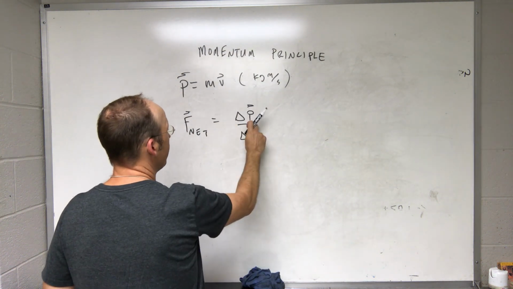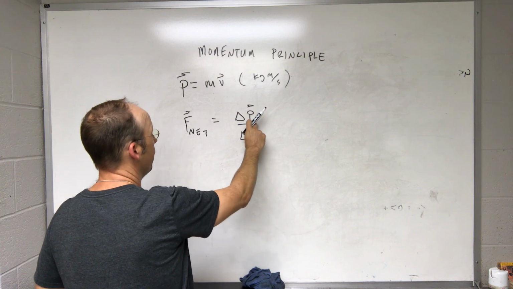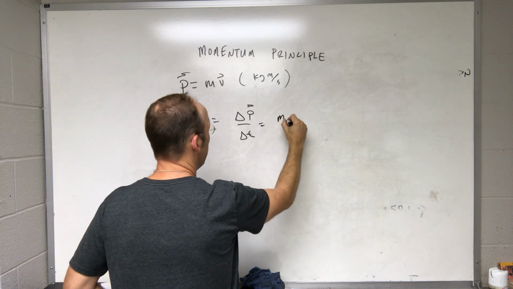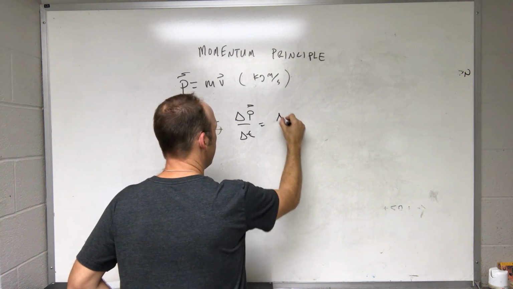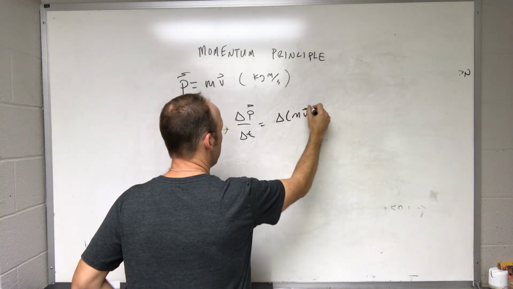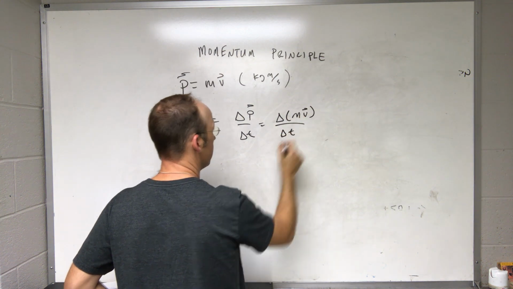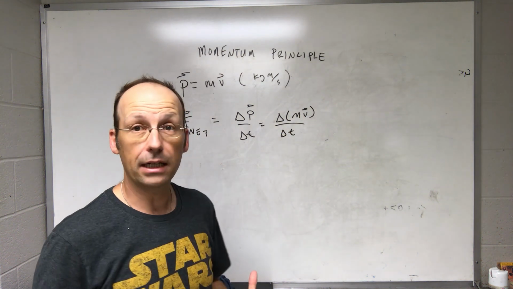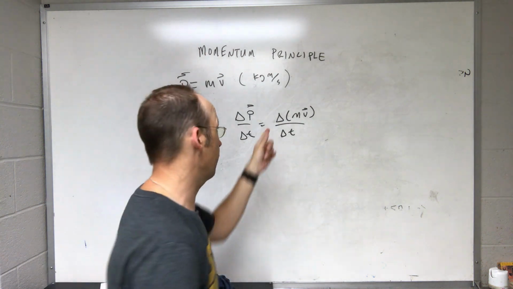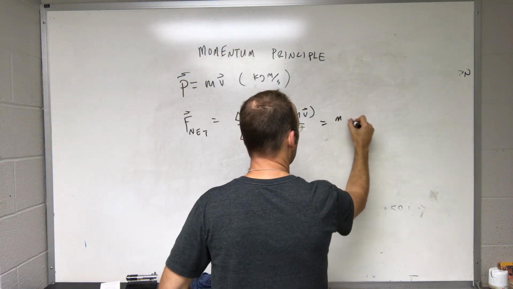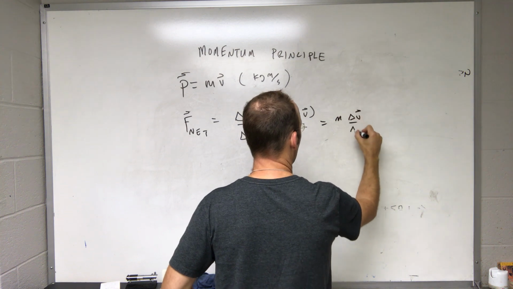Okay, I'm going to put in my definition of change for momentum here and say delta mv over delta t. Now, in the special cases where the mass doesn't change, I can factor that mass out of the change and I get m delta v over delta t.